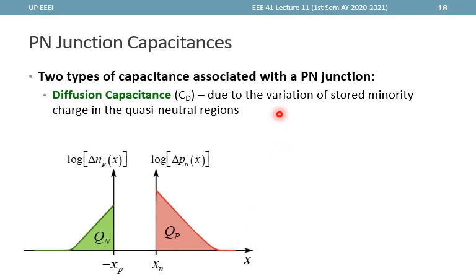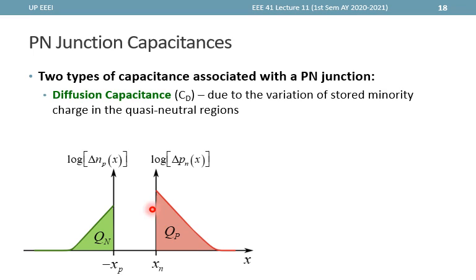So the first one is what we call the diffusion capacitance, based on the minority carrier charge stored at the quasi-neutral region. And this is called the diffusion capacitance since this is related to the diffusion currents.